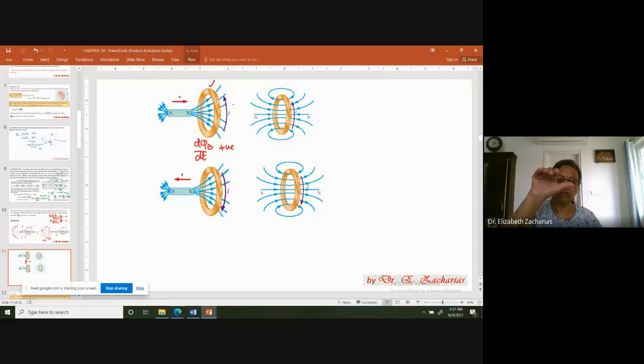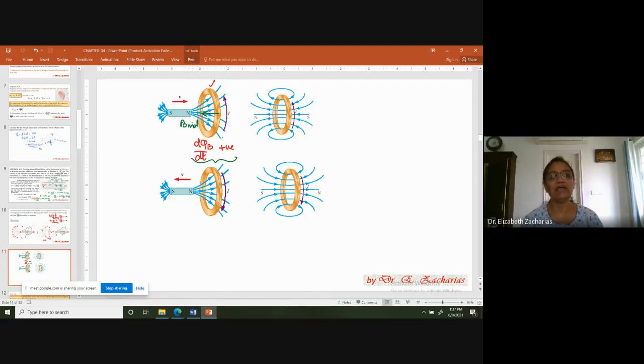And because of that, from right hand rule, it is setting up a magnetic field in the opposite direction. The induced magnetic field is going to oppose this increase. Because the increase was in this direction, it sets up a magnetic field in the opposite direction.